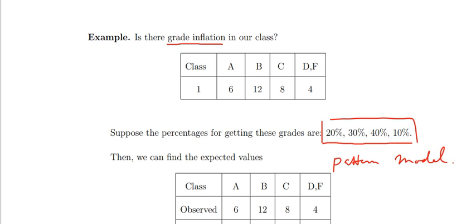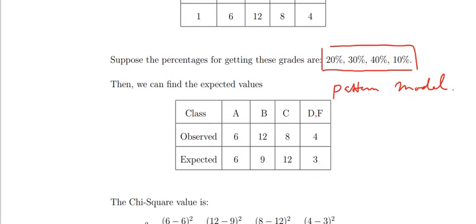So we find the expected value. Based on this model, based on those percentages, how many should get A, how many should get B in our class? The expected value is just a percentage multiplied by the total.